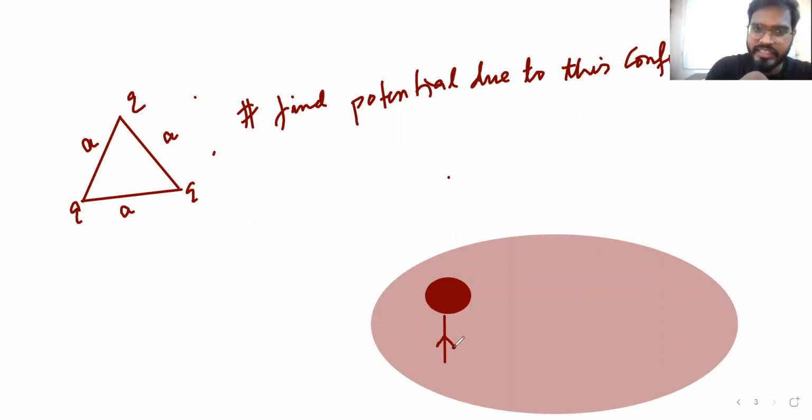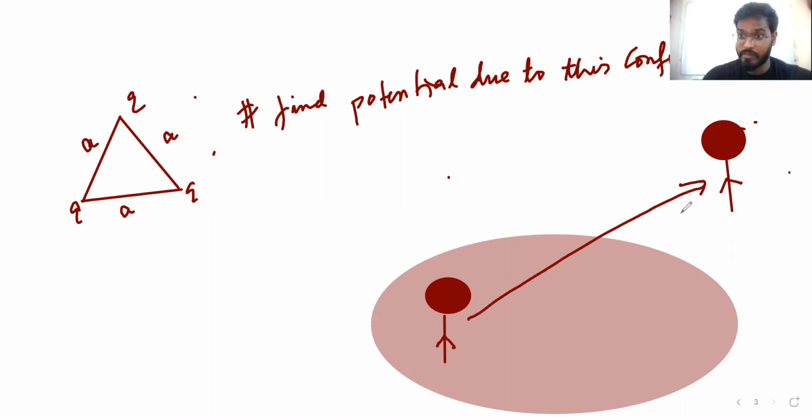Suppose from outside, one guy is here, and he wants to come inside this. So of course he will oppose him. He will apply potential. He'll have to give some energy to him, some protection money kind of. So same thing, what will happen? He will come inside anyway by taking permission.